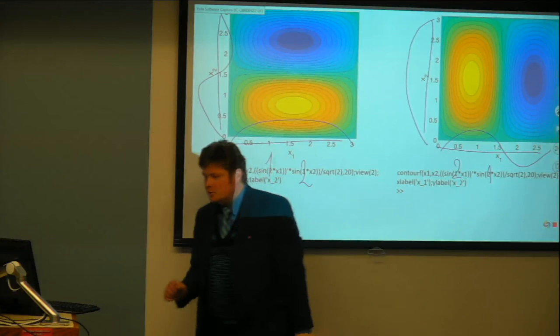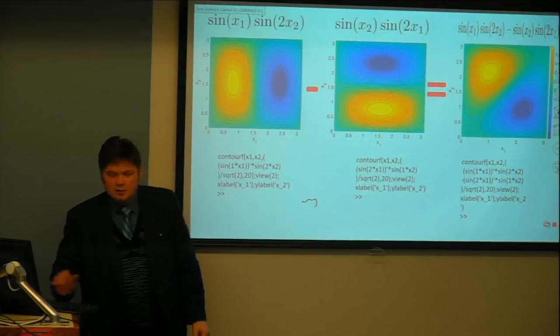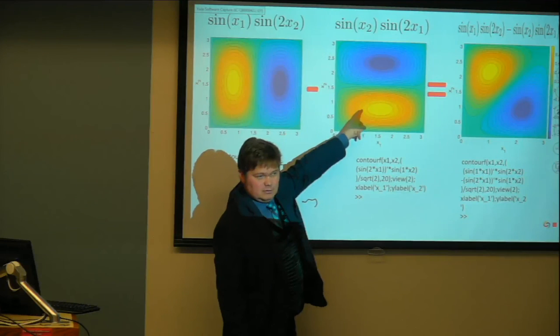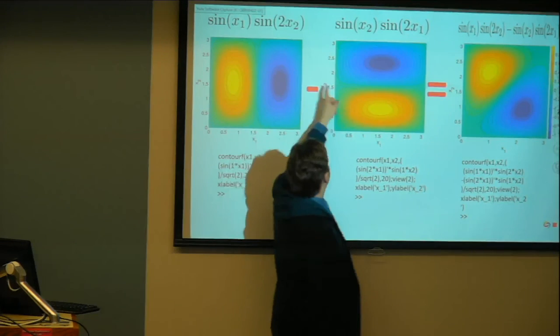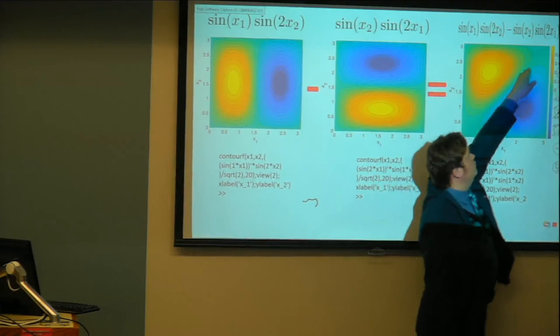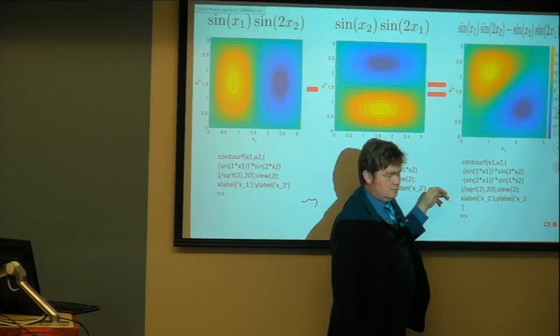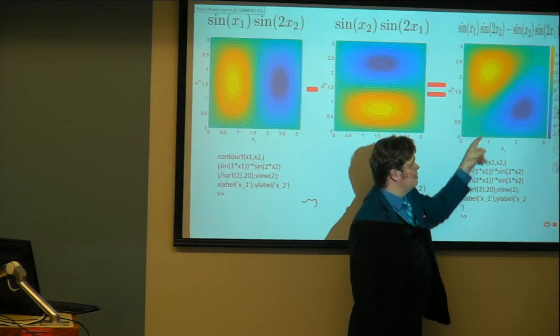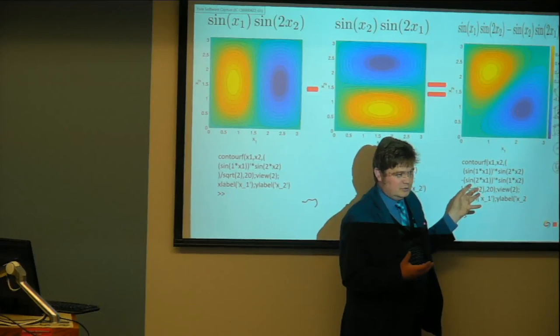But in order to respect the Pauli exclusion principle, we need to subtract them. If we just subtract these two things, instead of the nodal plane going orthogonal to an axis, the nodal plane will go along the main diagonal. So this is the visual representation of the antisymmetric wave function.